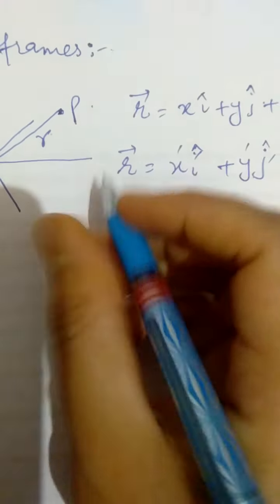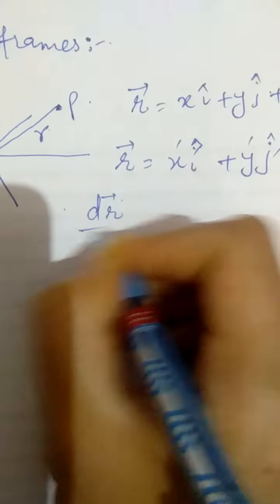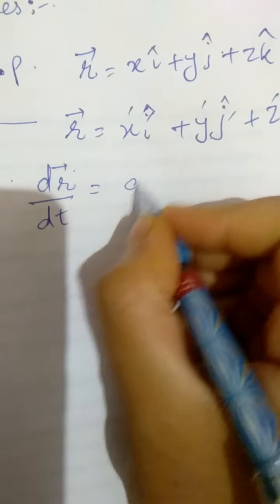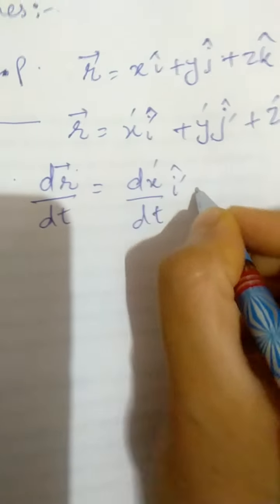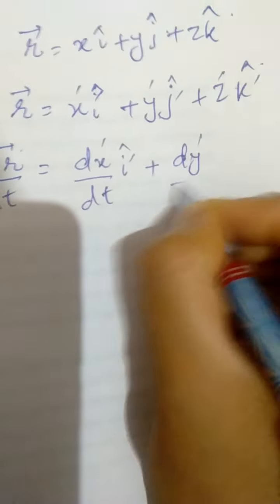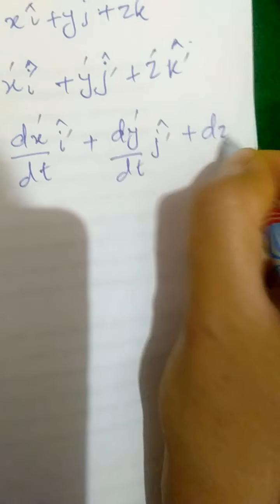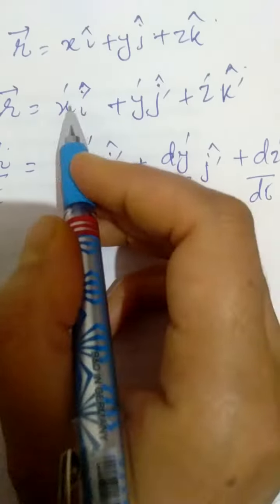Now, the velocity obviously will be given by dr by dt, and let us differentiate it. That will be dx' by dt i' cap plus dy' by dt j' cap plus dz' by dt k' cap. And since these are also varying, we also need to differentiate them.